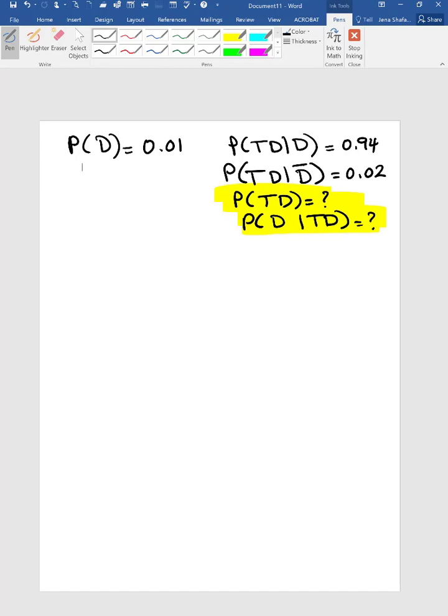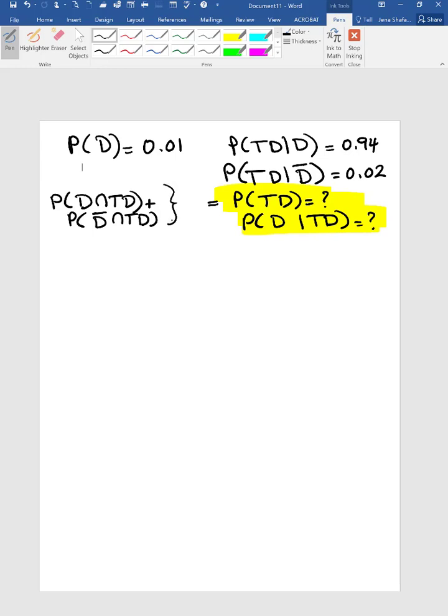So of course, to use formulas, we know that the probability of the test being defective is the probability of the item being defective and the test says defective, plus the probability that the item is not defective and the test says the item is defective.